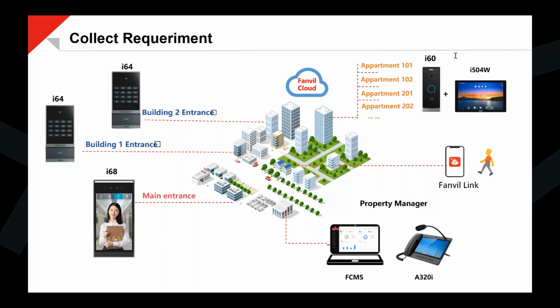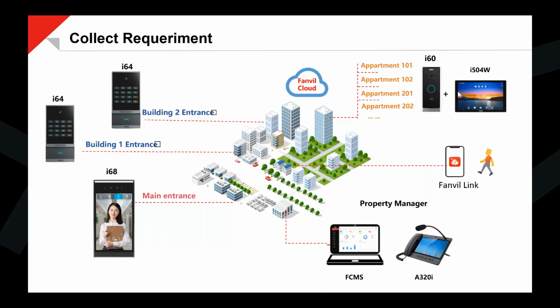For the first question: can a door phone be set up on FCMS as well as registered to a 36 system? Yes. Can an intercom be set up on FCMS as well as registered to a 36 system at the same time? This is a good question.